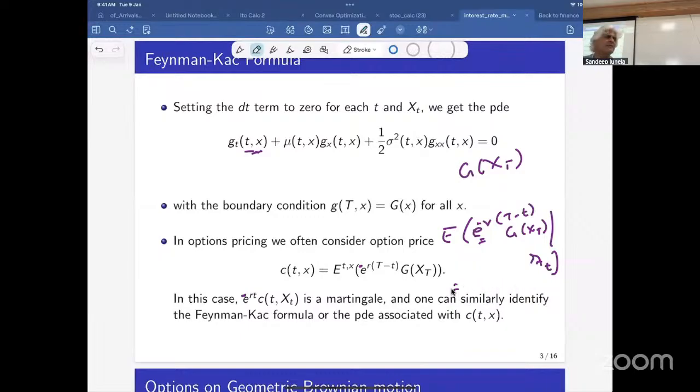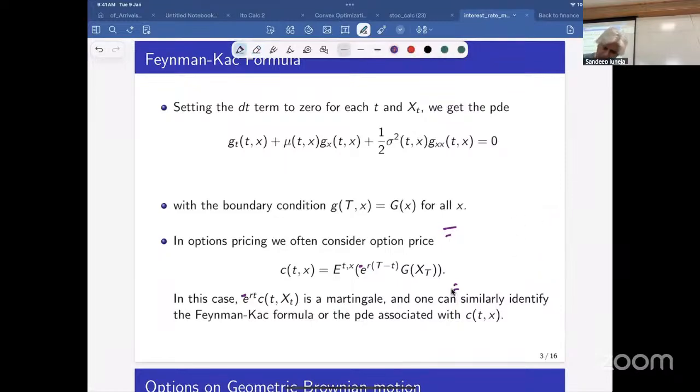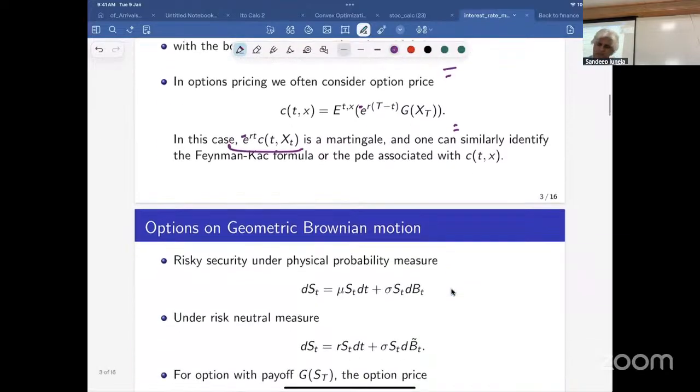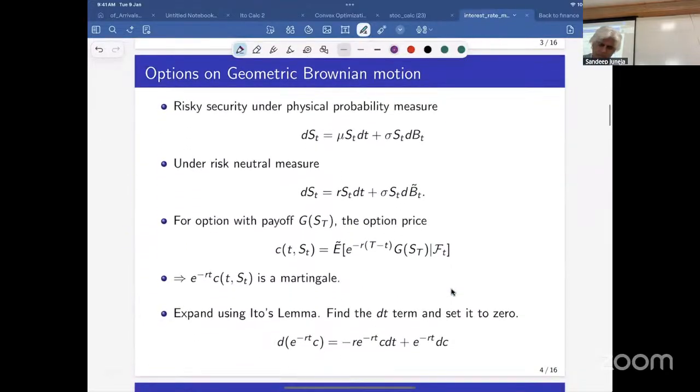We'll say that it's a martingale, we'll find the drift term, we'll identify the PDE. We will generalize beyond it being deterministic, so we'll be able to get the same logic to work here. In any case, apply the Feynman-Kac formula to this guy right here, and then you get the associated PDE. Let me just quickly try and cover this so that next time we can cover more material.